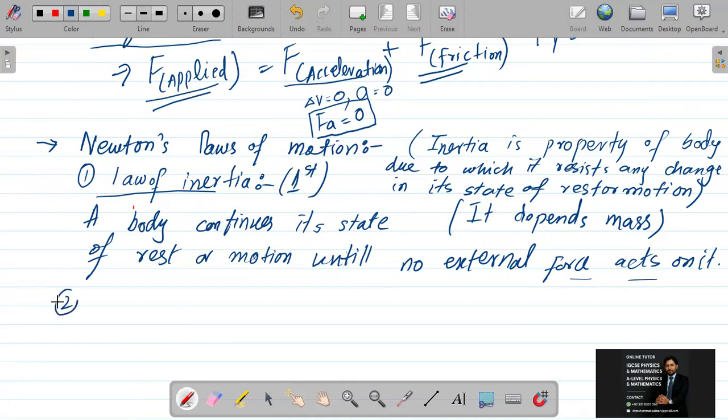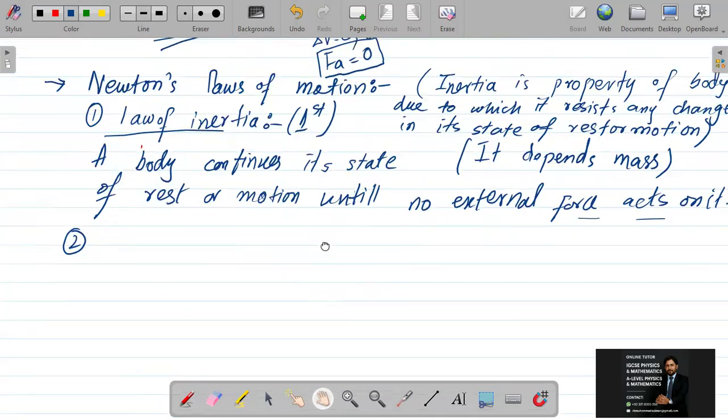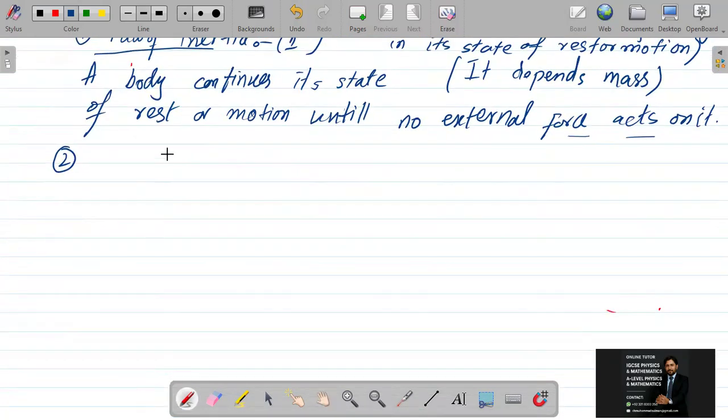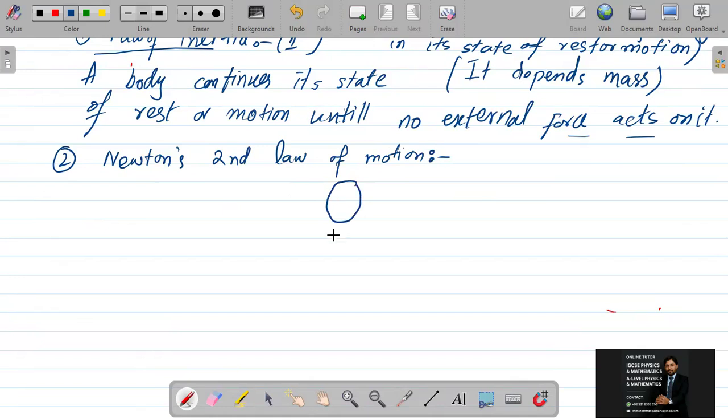Now, Newton's second law of motion. Here, for example, there is a body of mass m and you apply a force F on this body, and the body produces an acceleration in the direction of force.